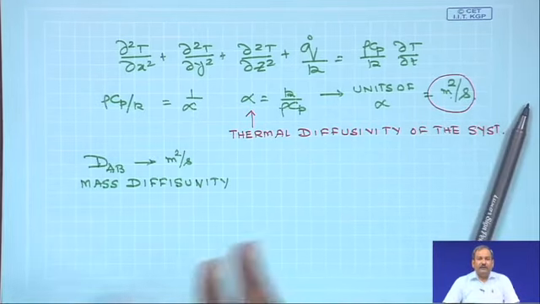In the same way, diffusivity tells us how fast a species molecule will travel from one point to another. So, the higher the value of diffusivity, the faster it would travel to a given location.